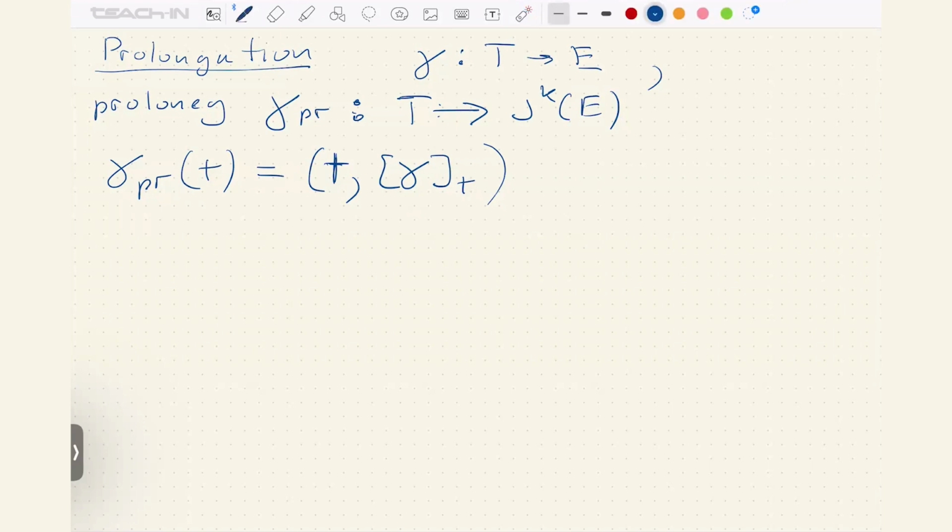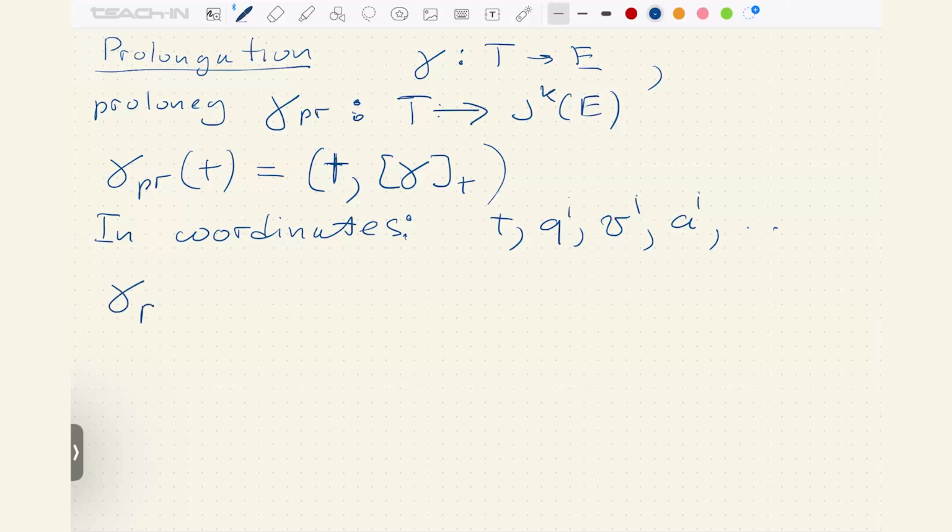So what does it mean in coordinates? Our coordinates are t, q, v, etc. So this gamma prolonged star on t is of course t because it's a section, right?